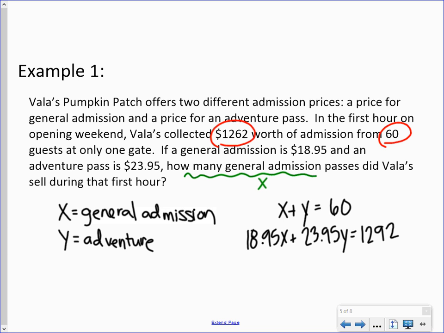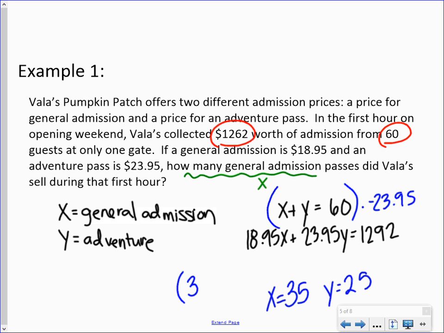So something to think about, I would probably multiply this first equation by negative 2395 so that I could eliminate Y. What is the value for X if you solve it? X equals 35. If you solved for Y as well, Y equals 25. And you might write that like we practiced yesterday as an ordered pair, 35, 25.